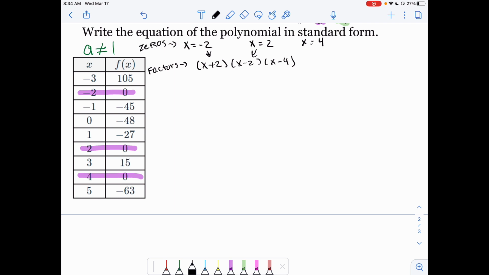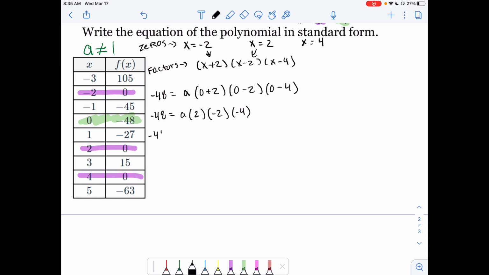Now we need to pick a point and plug it in. I'm going to pick the y-intercept just because working with 0 makes it a little bit easier. So let's go ahead and plug that in. -48 equals a, my coefficient, and anywhere I see an x, instead I'm writing a 0 because that's the point I chose. 0 plus 2 is 2, 0 minus 2 is -2, 0 minus 4 is -4.